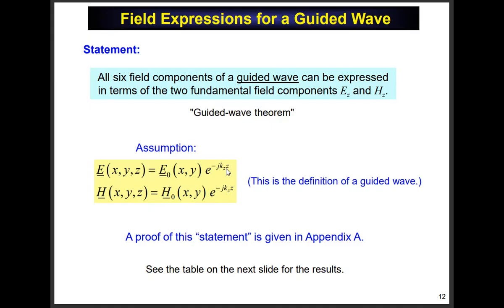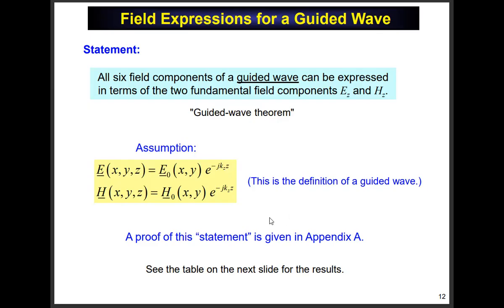So any guiding system has e to the minus j kz z. Now, if kz is a real number, you usually call it beta, but it could be minus j alpha, in which case the wave is attenuating. But anyway, any guided wave has something that looks like this.